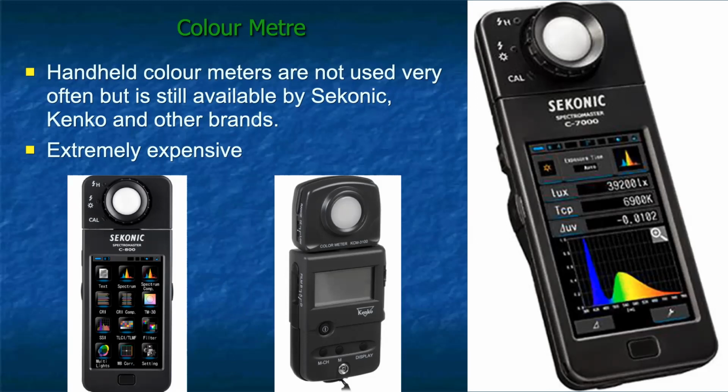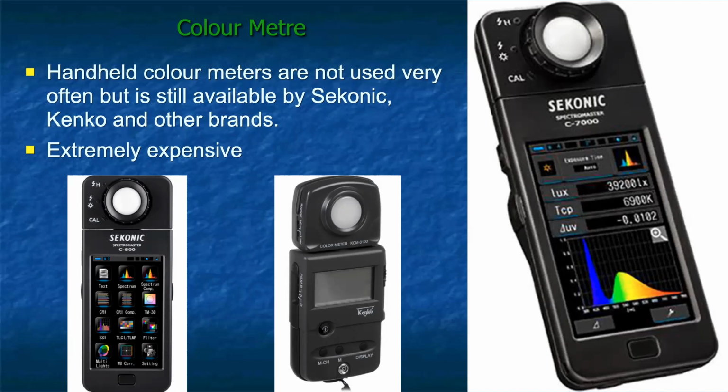You tap on what you want to do. If you want to do regular reading or color readings, and then here you have your color settings. You take a color meter reading, and it tells you in degrees Kelvin what the reading is, 6,900 degrees Kelvin. Lux is for something else. Don't worry about that. What we're concerned about is the color temperature, and it is 6,900 degrees Kelvin.